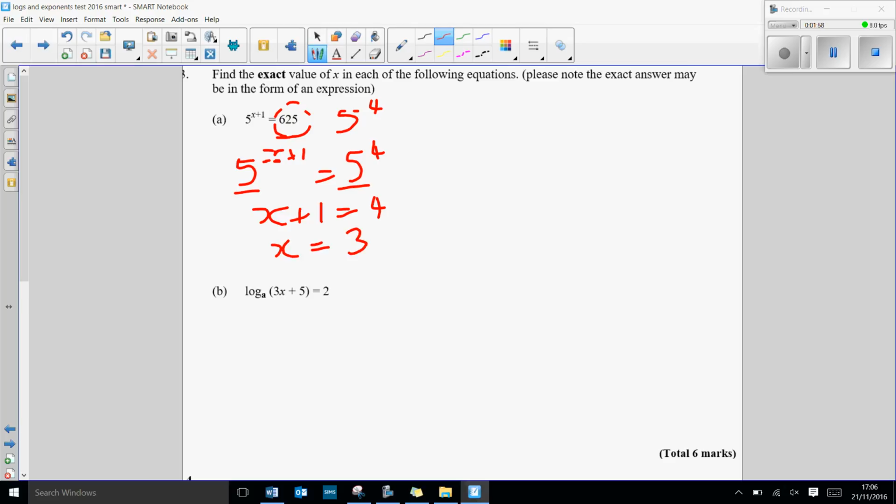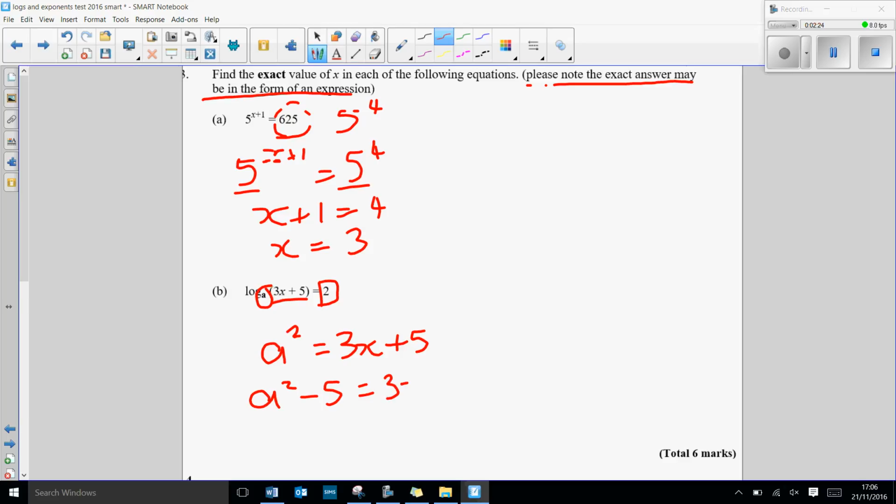I did add this as a help, mainly for part B, because in this case we're using our rearrangement of the log formula. So our base A to the power 2 is equal to 3x plus 5, which then becomes A squared minus 5, and then x is A squared minus 5 over 3.